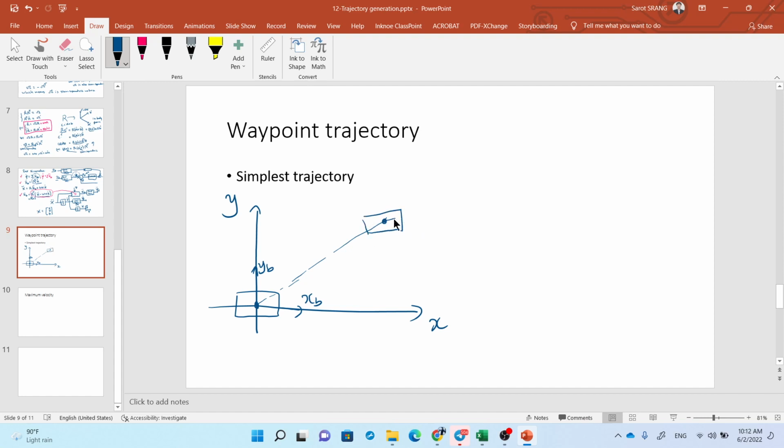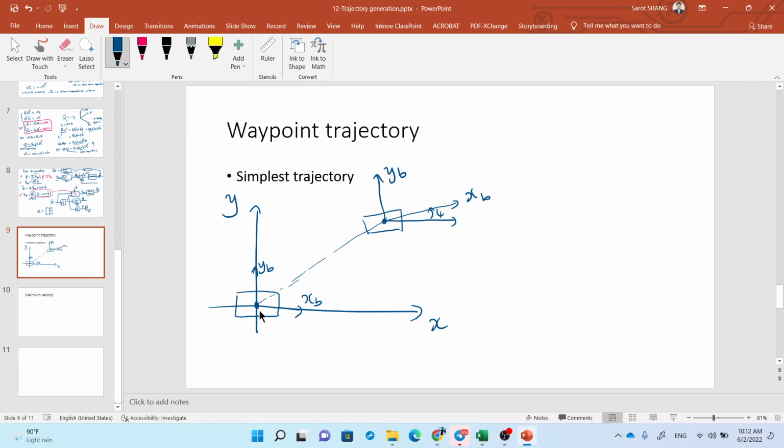So it has some angle with respect to the x-axis, psi. So XB becomes like this, YB becomes here.